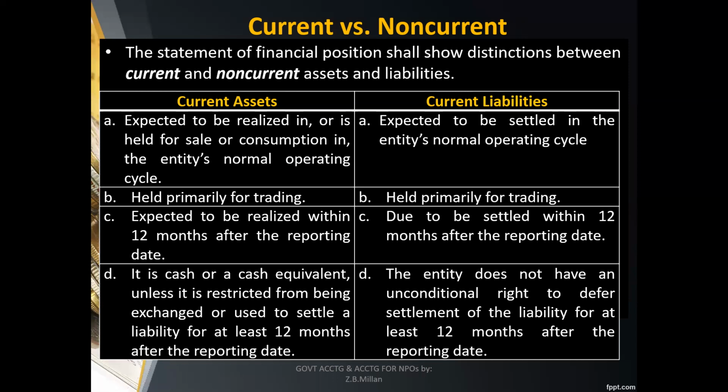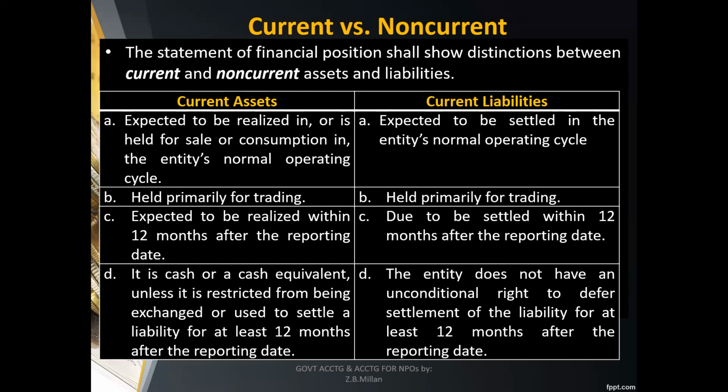On the other side, a current liability is expected to be settled in the entity's normal operating cycle, and it is held primarily for trading. It is due to be settled within 12 months after the reporting date, and the entity does not have an unconditional right to defer settlement of the liability for at least 12 months after the reporting date.